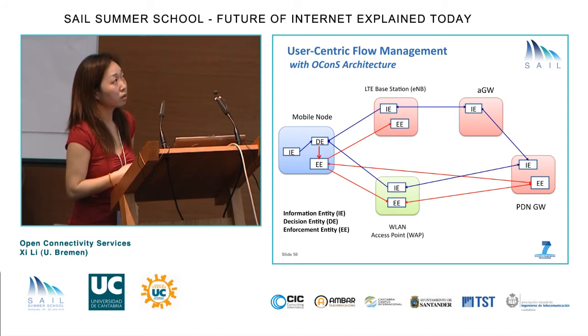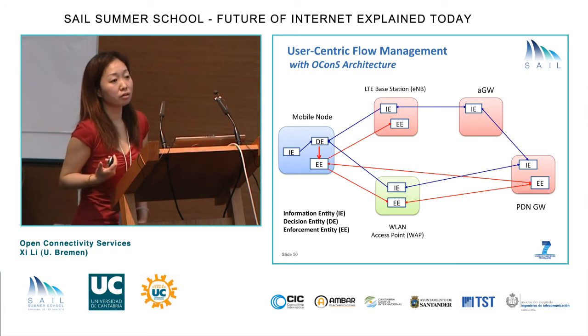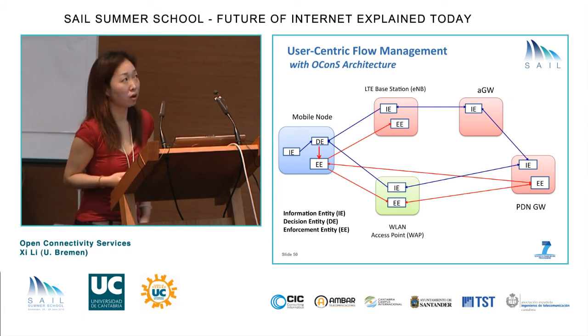In order to make the decision, firstly, the mobile node will need to collect information from other network entities, like the base station or the wireless LAN access point, for example the link quality, the network available capacity, and so on.